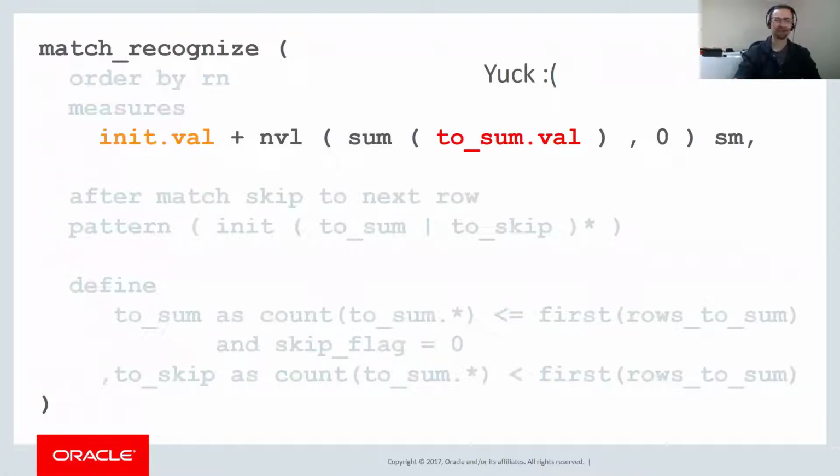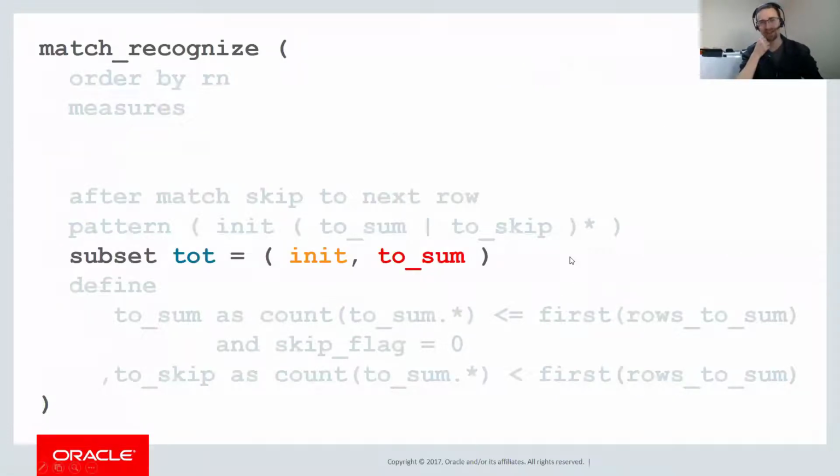So how can we simplify this or make this a bit easier to work with? Well, there's another clause in match recognize, a subset clause. So what we can do here is define a new variable. This isn't one that has a definition of its own; it's based on other values. So we're saying total is the combination of init or toSum. Any row which matches either of those values, so either init or toSum, also matches this total variable.